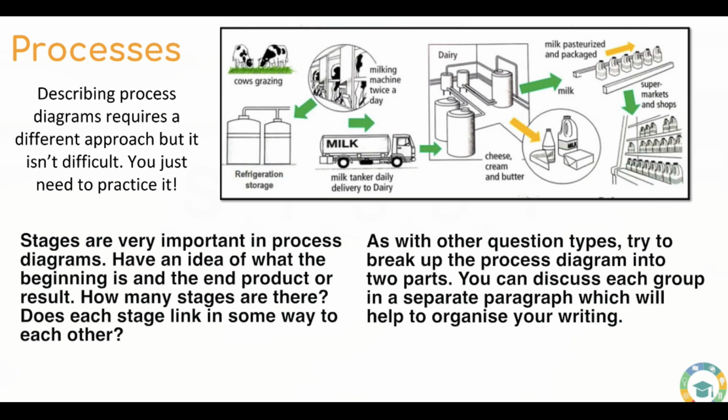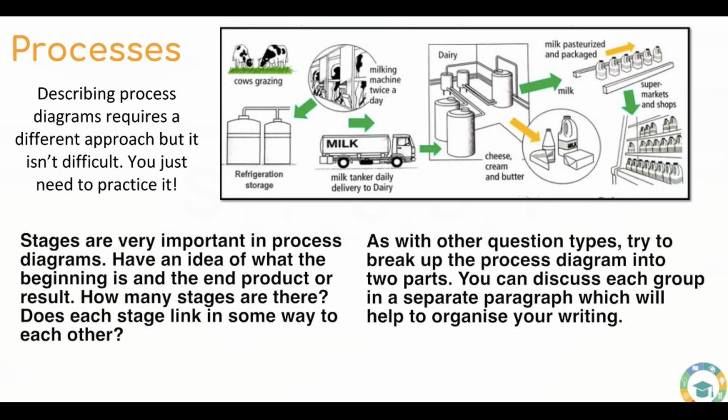And it's also important to try and break up the process diagram into 2 groups. From looking at the process diagram of dairy product production, I would simply split the groups into the first 4 stages and the second 4 stages, and that will help me to organize my writing and structure my answer.